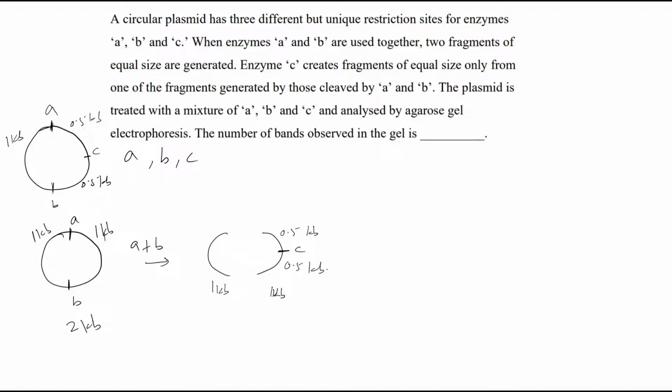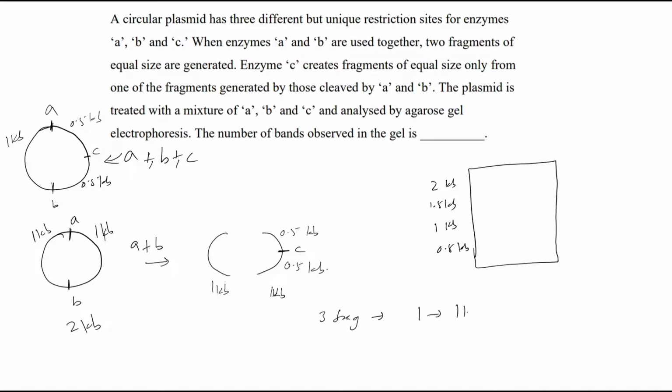After the treatment with the mixture of all three enzymes, three fragments are generated: one of 1 kb and two fragments of 0.5 kb.